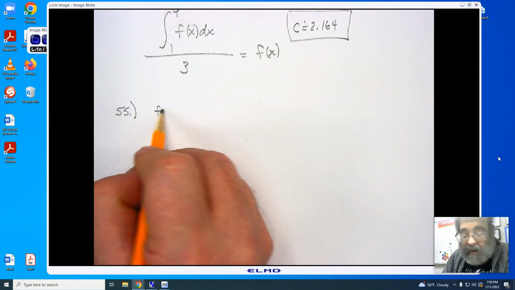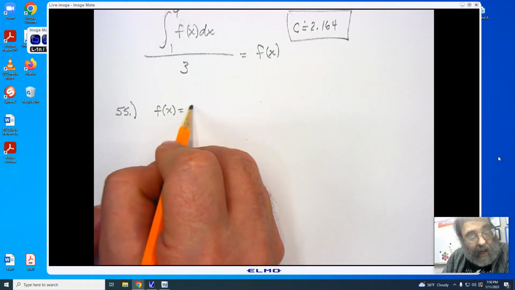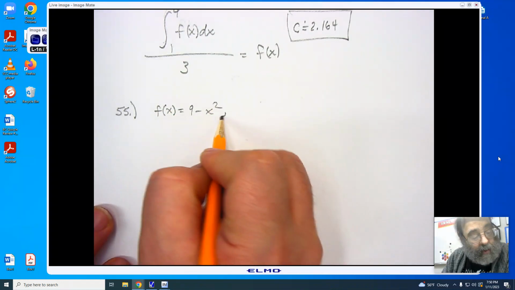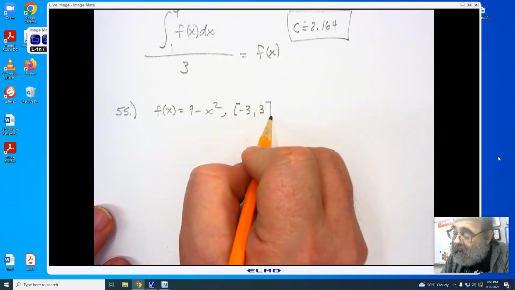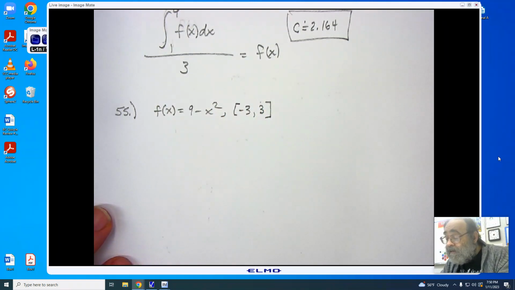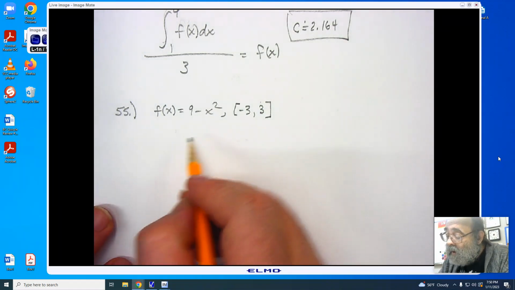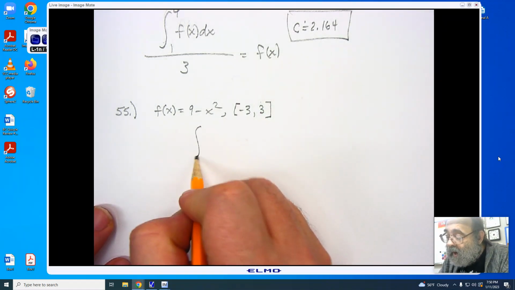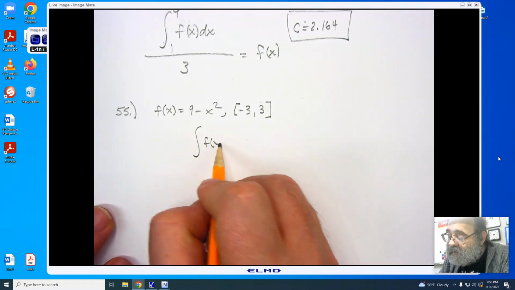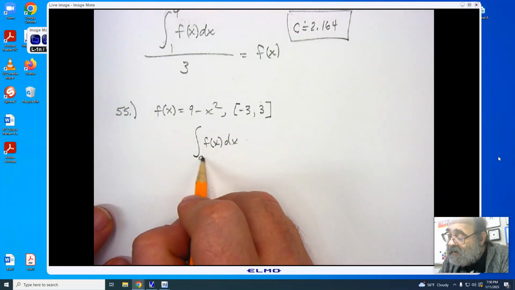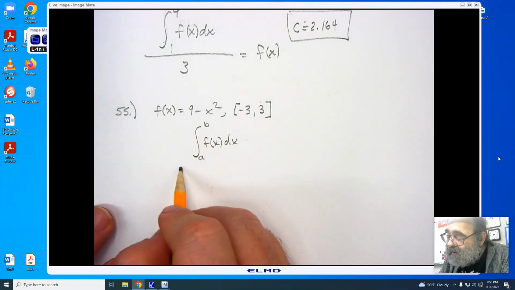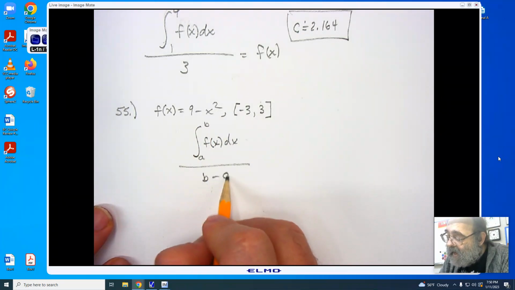We're looking at our function as f of x equals 9 minus x squared, and the interval we're working from is -3 to 3. Now, to find the average value, we want to integrate f of x dx from a to b, and divide by b minus a.